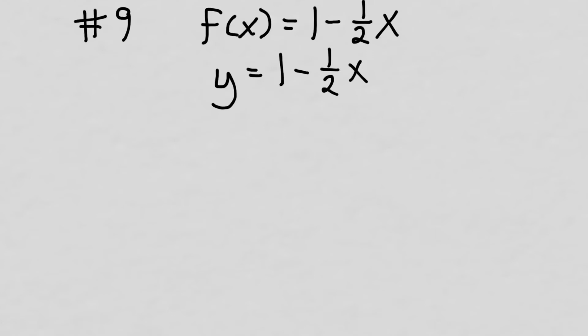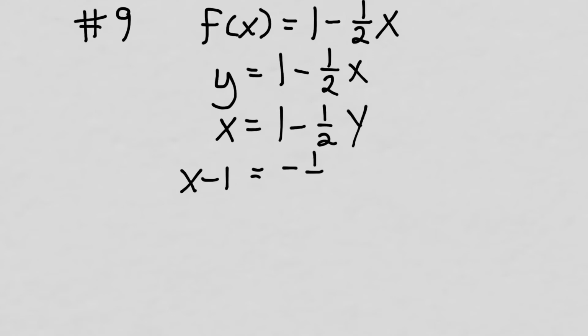Now we switch the variables. And we solve for y. First thing I want to do is subtract 1 from each side. That leaves us with negative 1/2 y equals x minus 1.